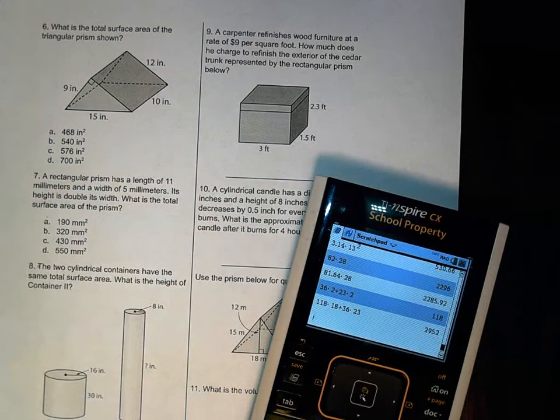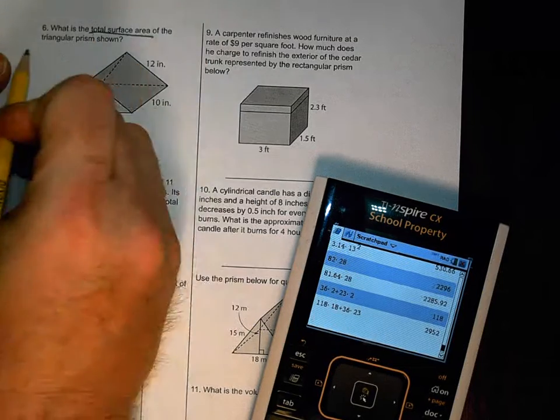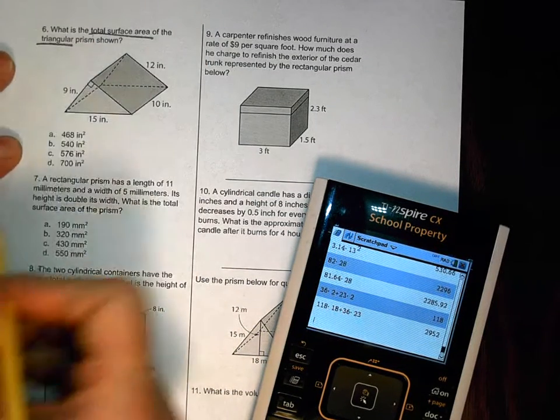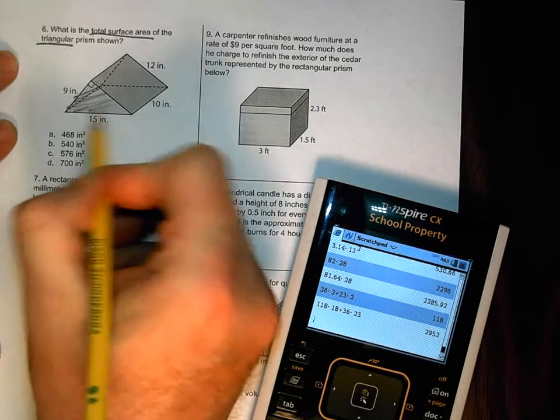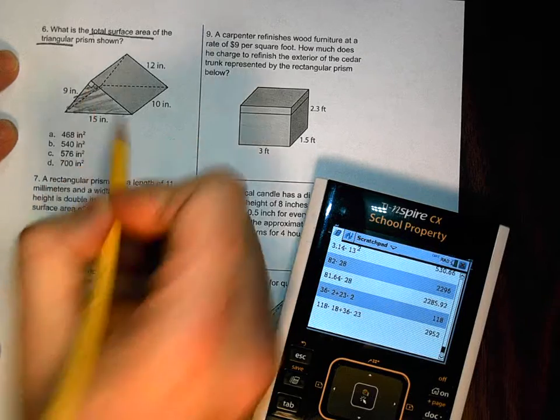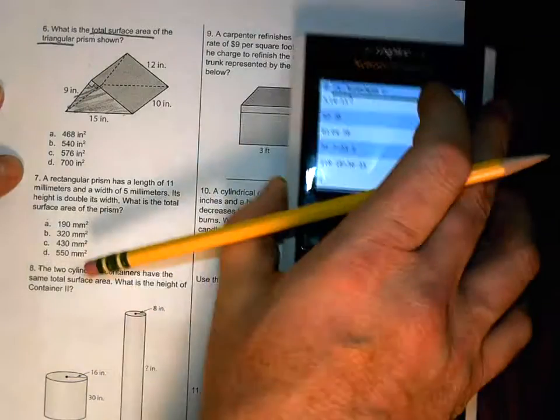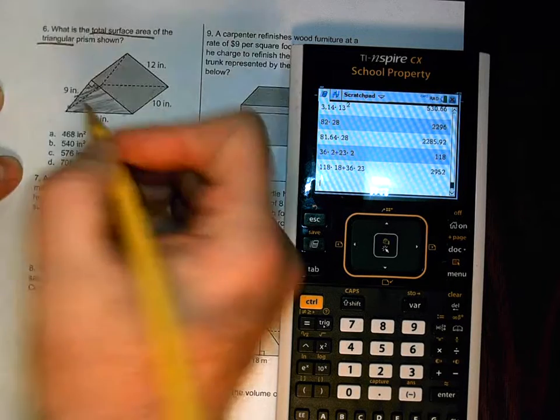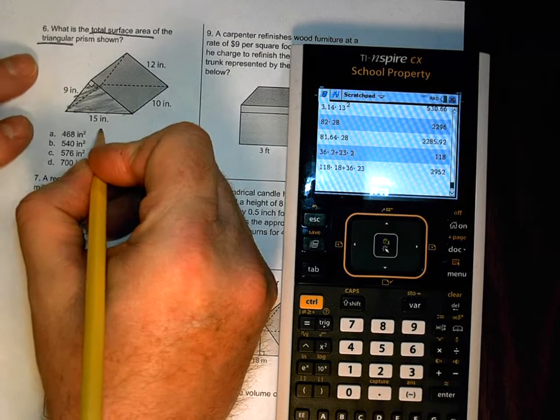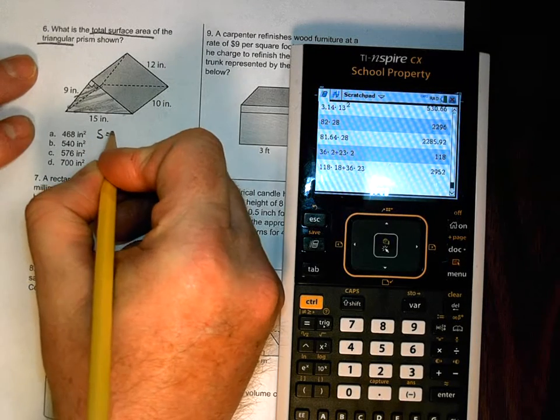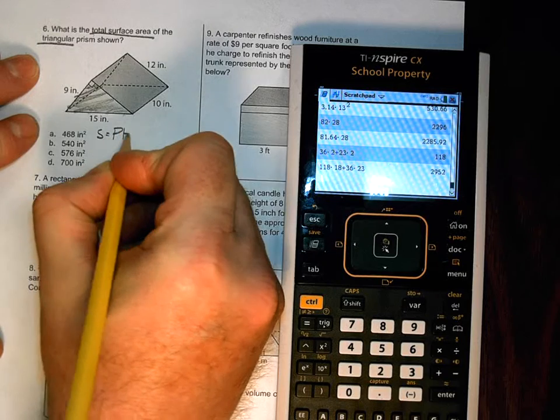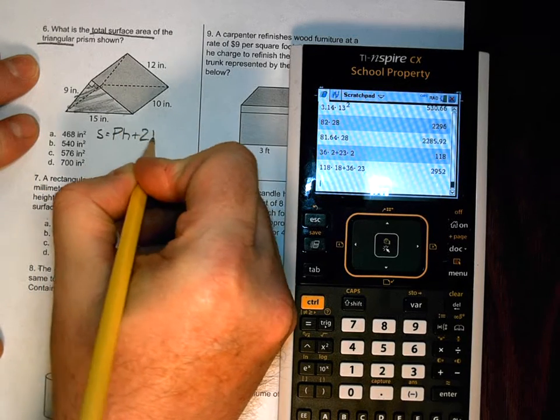So question 6 says, what is the total surface area of the triangular prism shown? Remember, triangular prism means the triangle is always the base. Do yourself a favor, shade your base so you'll know what it is. So the formula for the surface area of a prism, we just did it: surface area equals perimeter times height plus 2 times the area of the base.